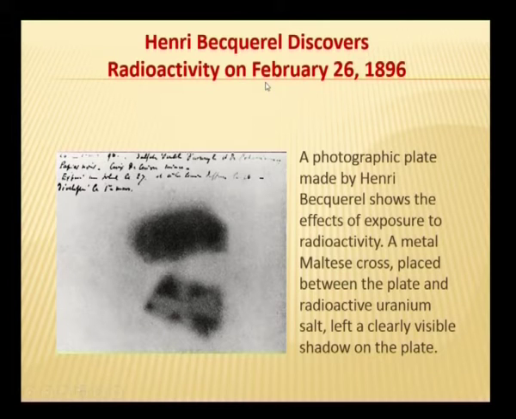On February 26 of 1896, Becquerel observed certain images on a photographic plate. Here comes the story. A photographic plate made by Henry Becquerel shows the effects of exposure to radioactivity. This is coming from radioactivity. A metal Maltese cross placed between the plate and radioactive uranium salt left a clearly visible shadow on the plate. You have a shadow on the plate.